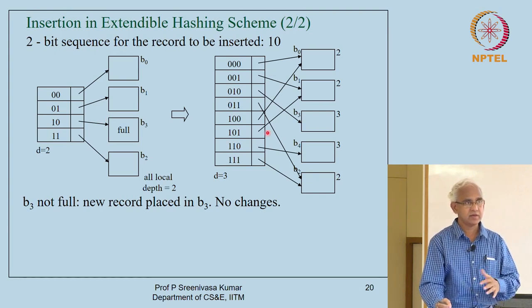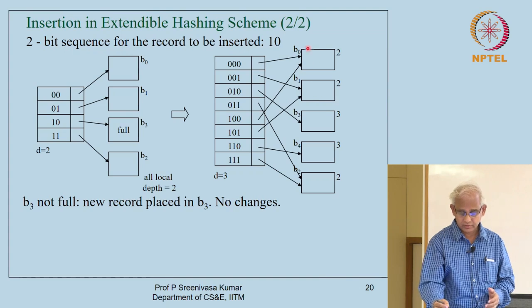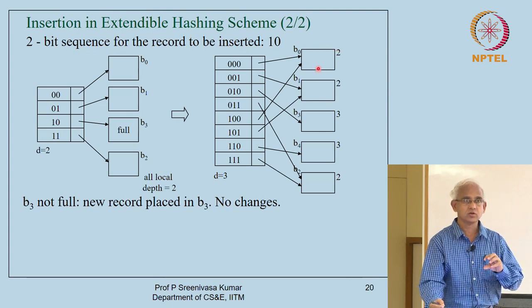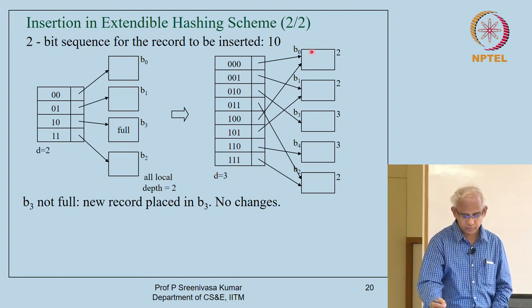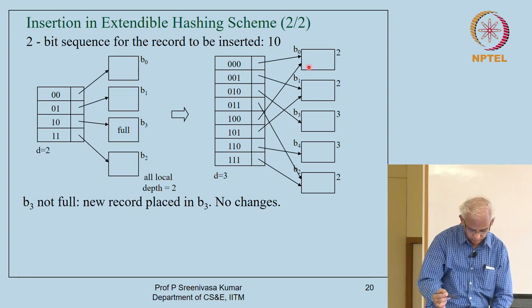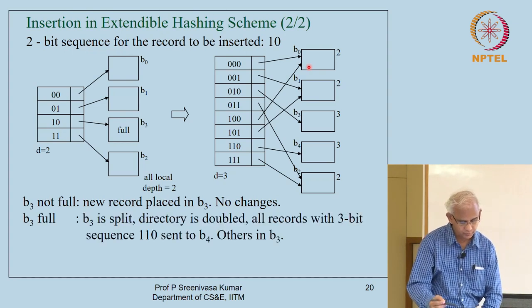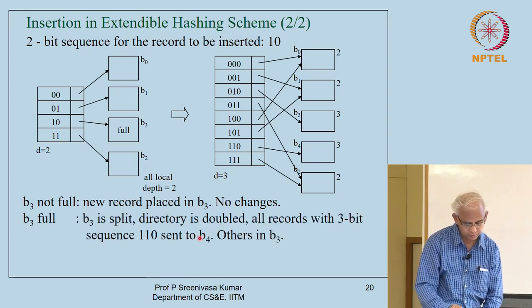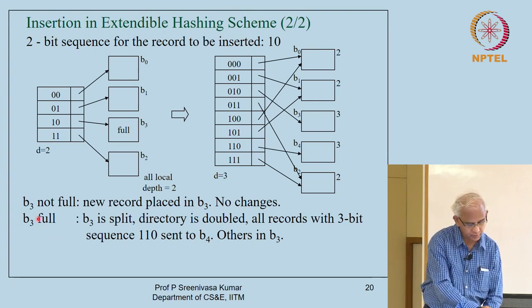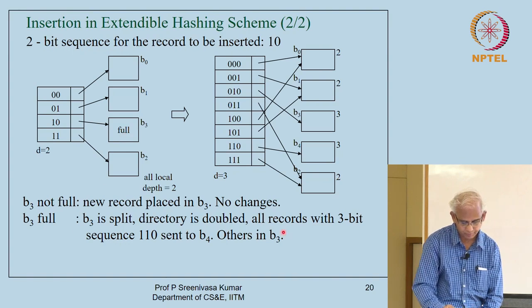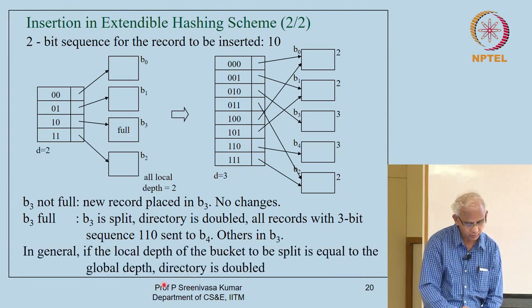When records are getting deleted, it is possible that in some of these buckets slots will become empty. So, this point basically explains this B3 being split.